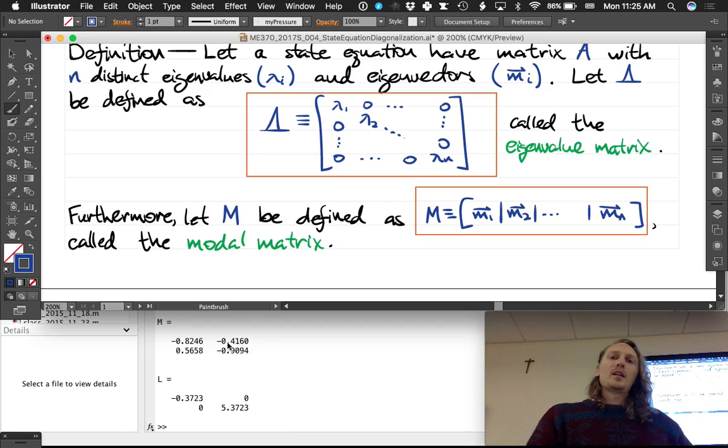Okay, so that's how you find lambda and M. Pretty easy. You find the eigenvalues like we learned last lecture, stick them in here. Find the eigenvectors like we learned last lecture, stick them in there. Alternatively, you can check in MATLAB what they are by using the eig command.